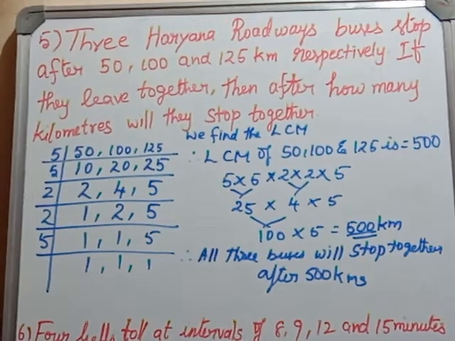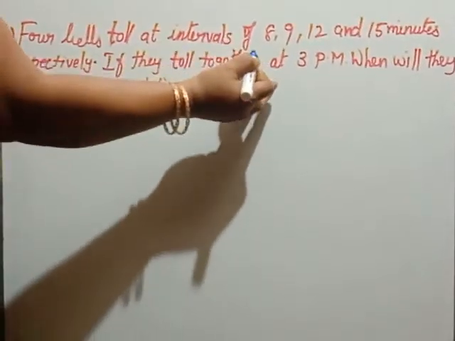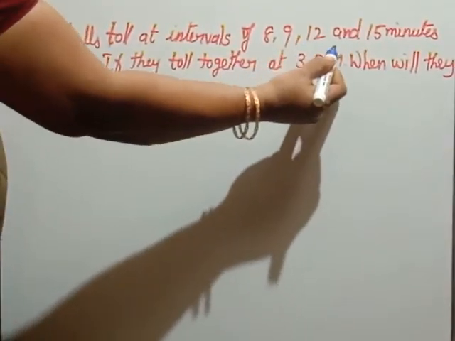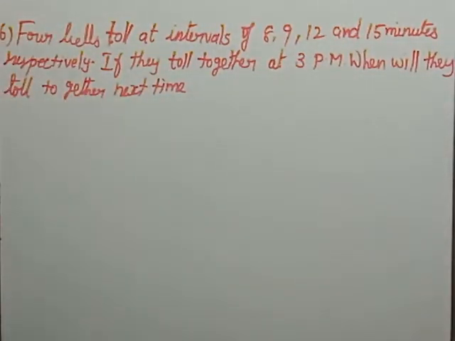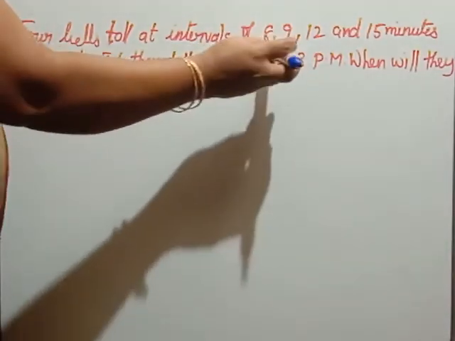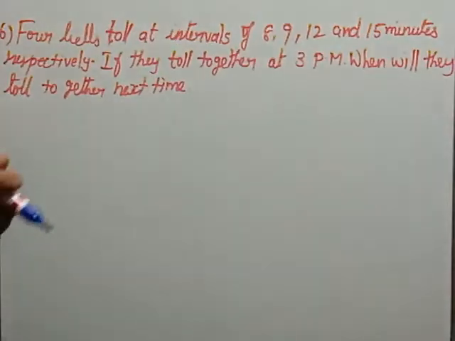Now we will move to the 6th sum. 4 bells toll at intervals of 8, 9, 12 and 15 minutes respectively. The 4 bells are ringing at different intervals. What is the interval time? 8, 9, 12 and 15 minutes.